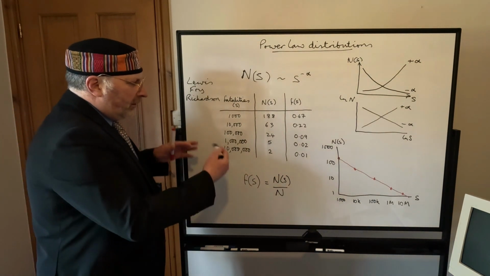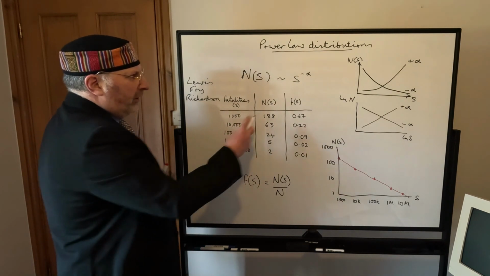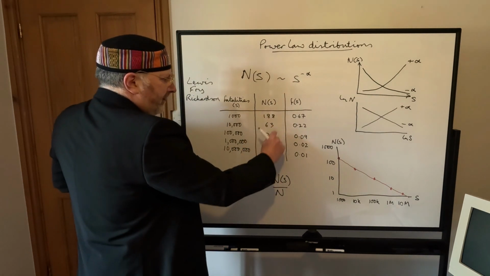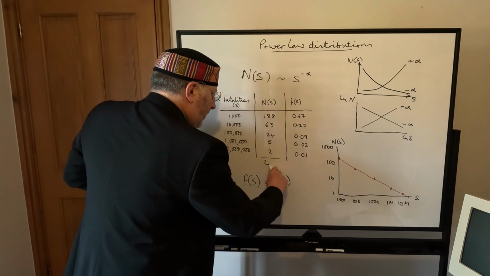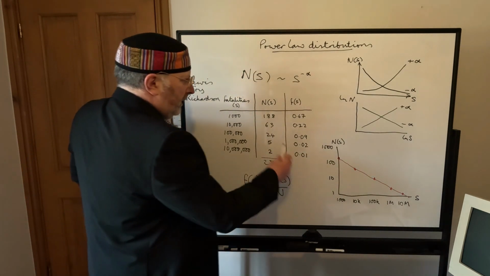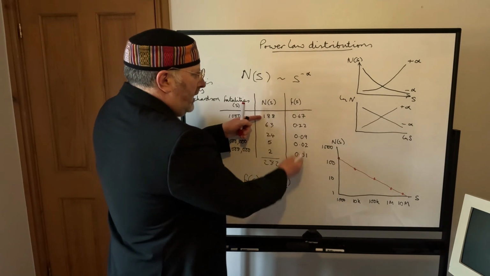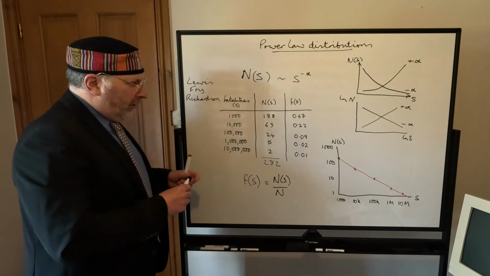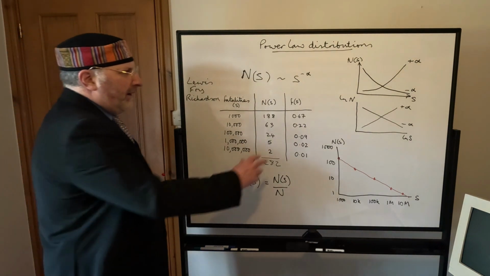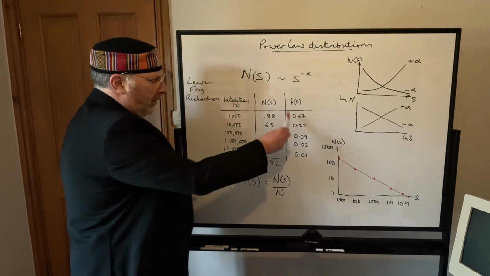I've plotted that here, so the fraction of wars of size S. There are in total 282 wars, which you can find by adding those up. So N of S over N is 188 over 282. It comes to 0.67, about 2/3. So 2/3 of the wars were in the thousands of fatalities range, and then a 0.22 fraction of the wars were in the 10,000s range, and so on.